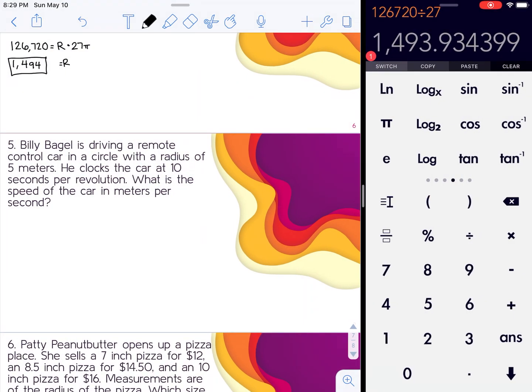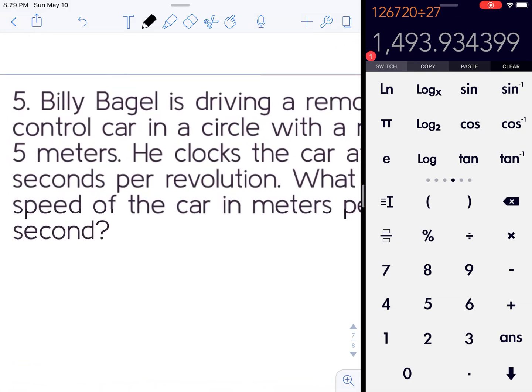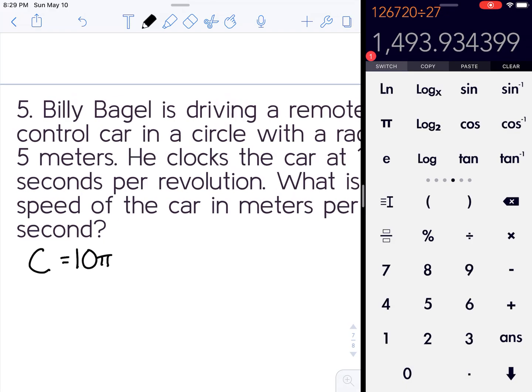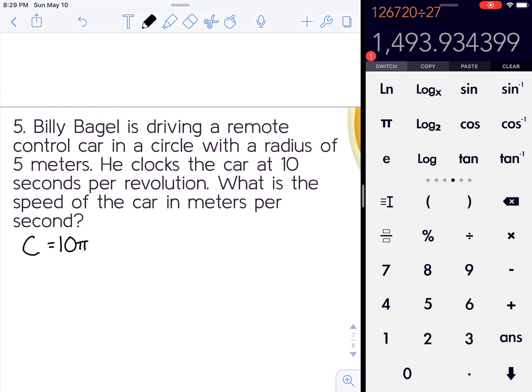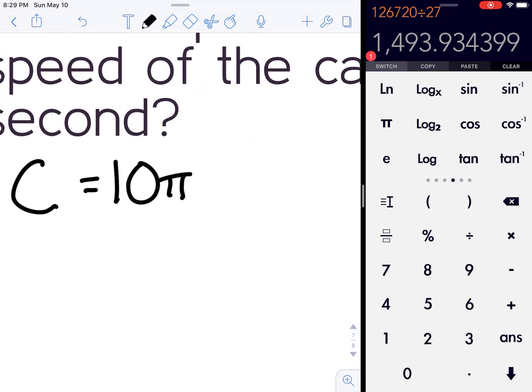On this next one, Billy Bagel's driving a remote control car in a circle. The radius is 5 meters. Okay? If the radius is 5 meters, that means the circumference is 5 times 2 times pi, or 10 pi. It's going that distance every 10 seconds. We want the speed of the car in meters per second.